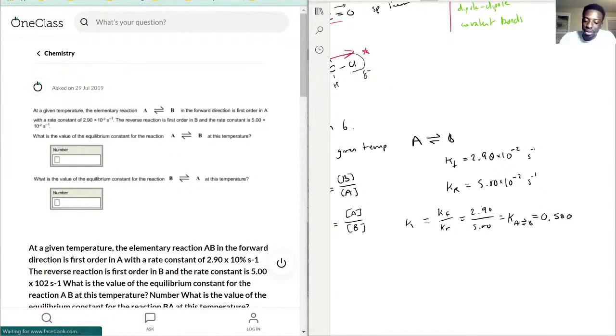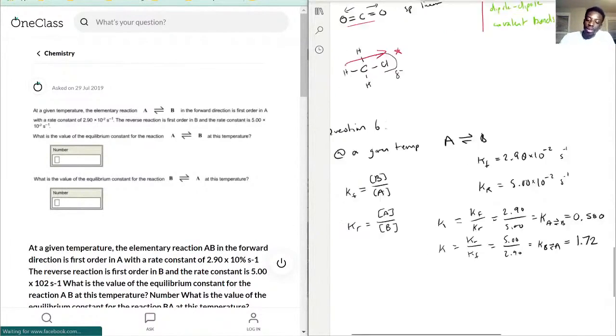Now we follow the same thing for the reversal, because now it's going to be KR over KF, which is 5.00 over 2.90. So this equilibrium constant, KBA, is equal to 1.72.